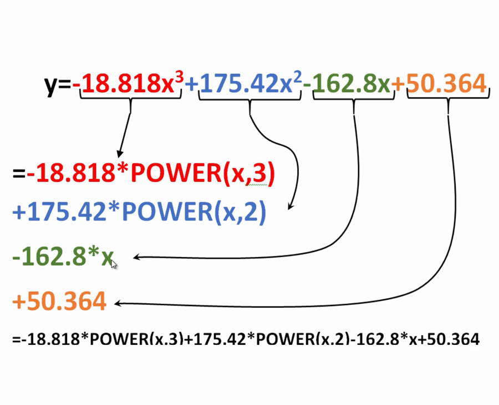Obviously x should be replaced with the cell where the information is stored, and plus the final component, which is just a number. So if you have to write it in Excel, it will look like this at the bottom here. And let's see how it's going to work in Excel.